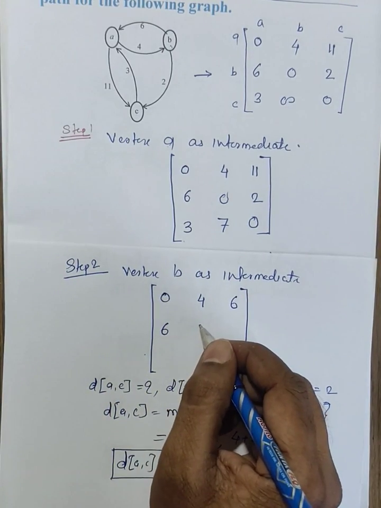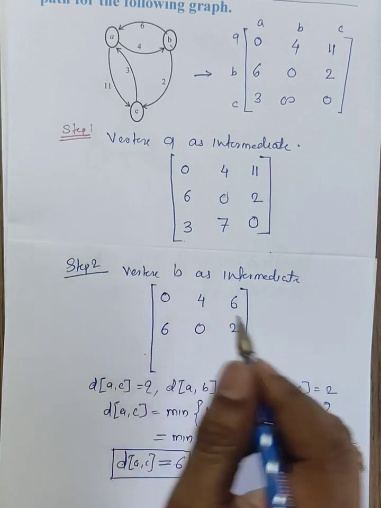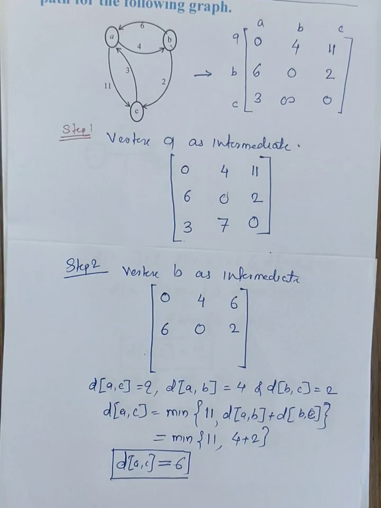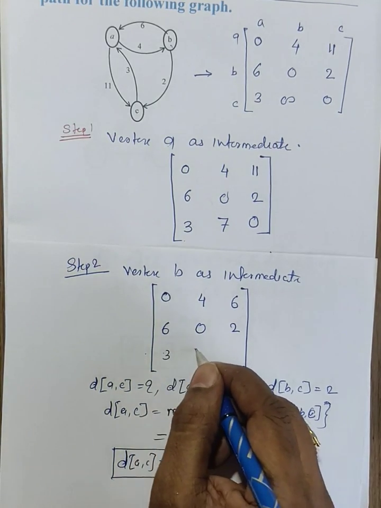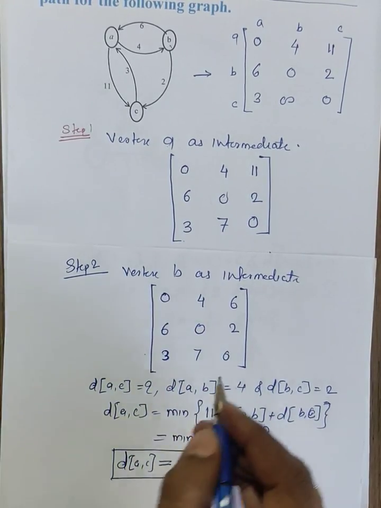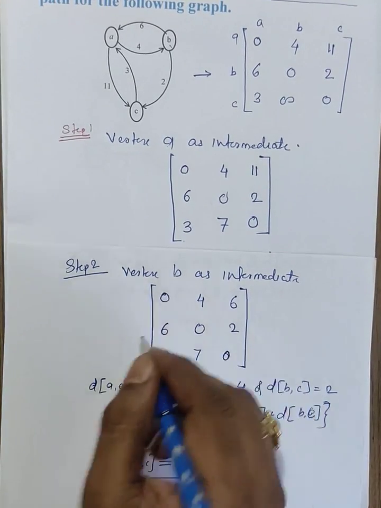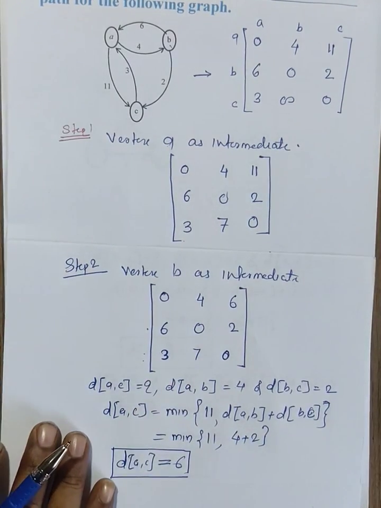B to A, 6, B to B, and B to C is 2. Then C to B, C to B edge is there? No. Thus B is intermediate and C to B there is no edge. Means this value will get same. 3, 7, 0. In second step, these two values, means row 2 and row 3, will get same values.